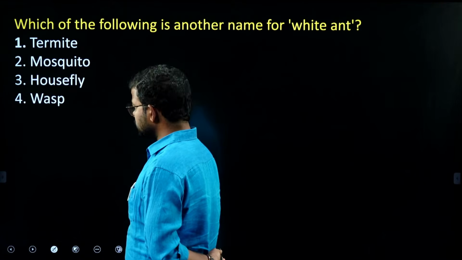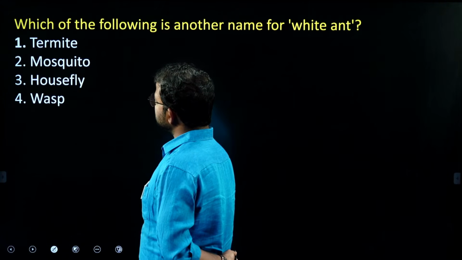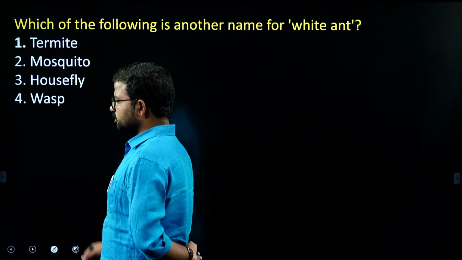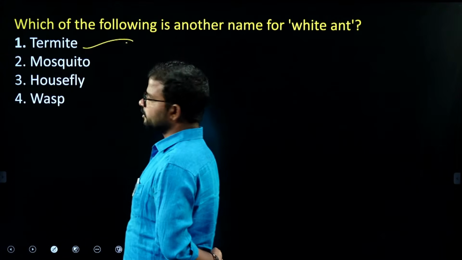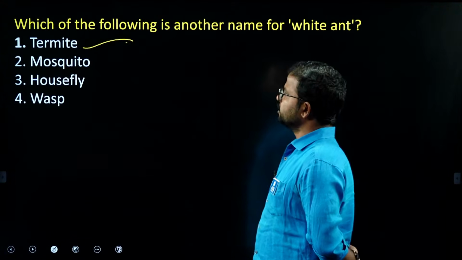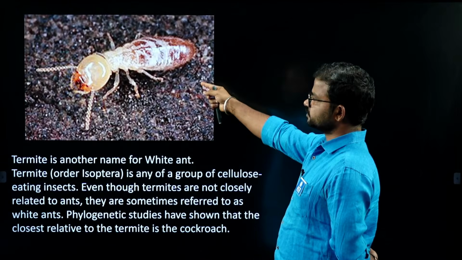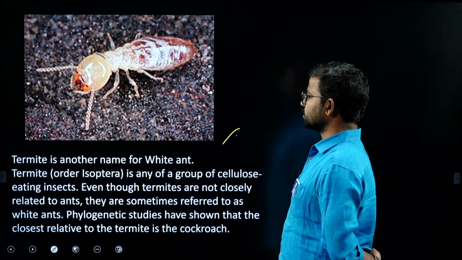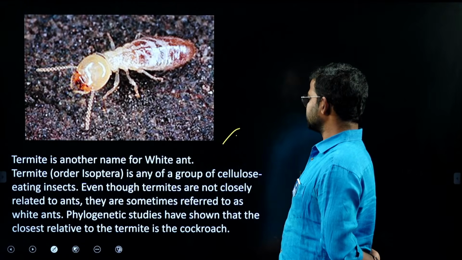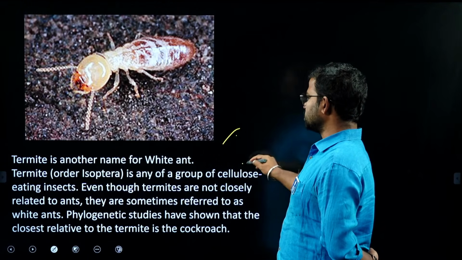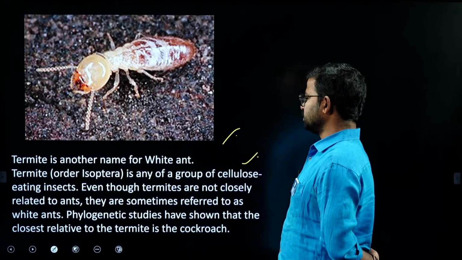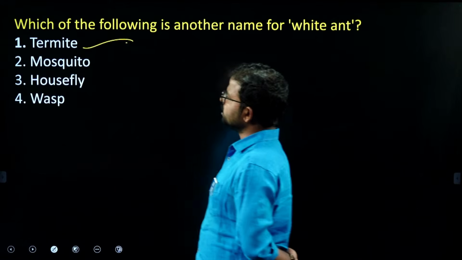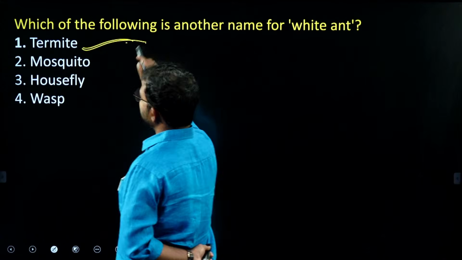Option 2, mosquitoes, but the answer is option 1 only, termite. So this is termite, the white ant. These are cellulose eating insects. That's why the answer is option 1 only.